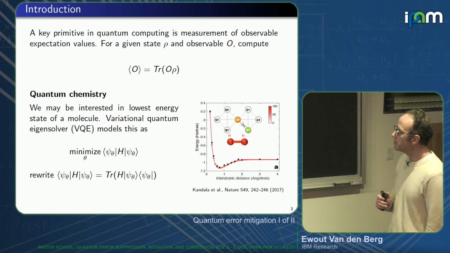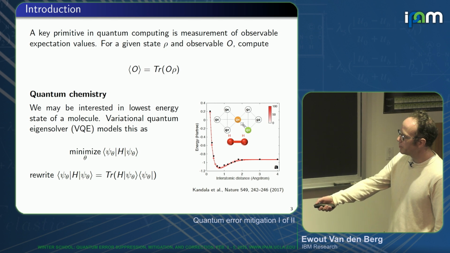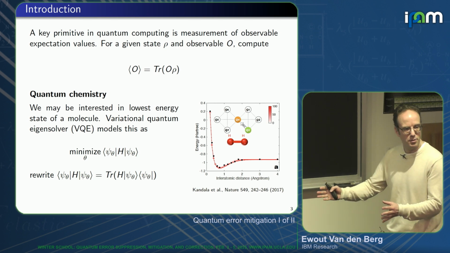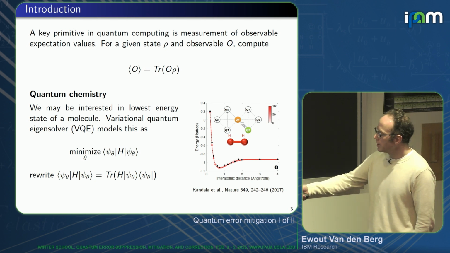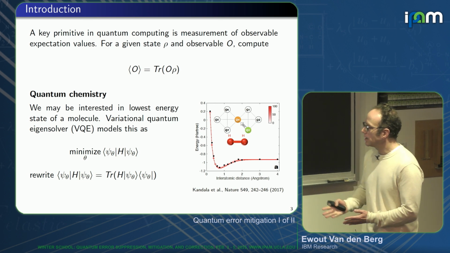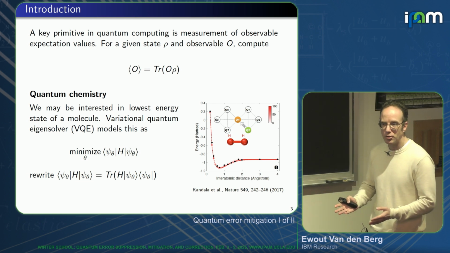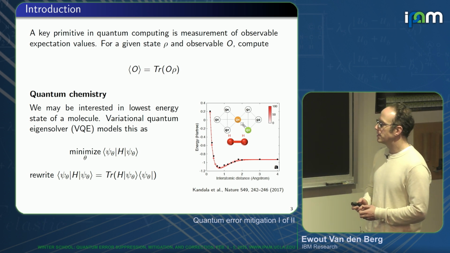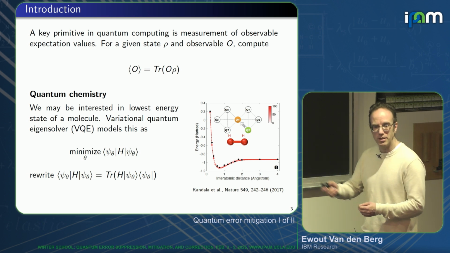To put this another way, if you just take the trace on this side and then use the fact that you can rotate the terms, you get the trace of some Hamiltonian with this state. And for example, you can then express the Hamiltonian as a sum of Paulis and evaluate this trace for each of the Paulis and sum them up.